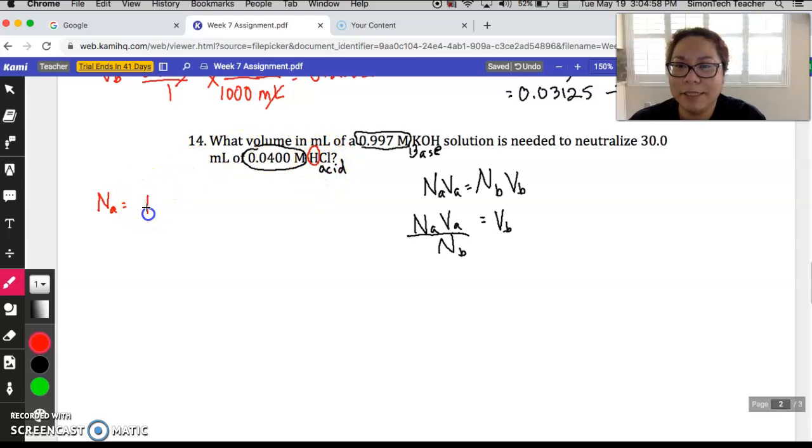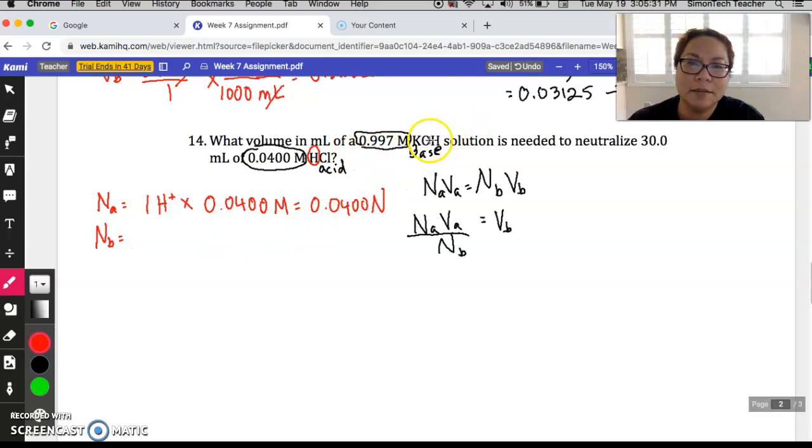So it's going to be one ion of the hydrogen ion times, let's take into account the molarity of this entire thing. There is a total of 0.0400 molarity of that one. And 1 times 0.04 is just simply 0.0400 normality.